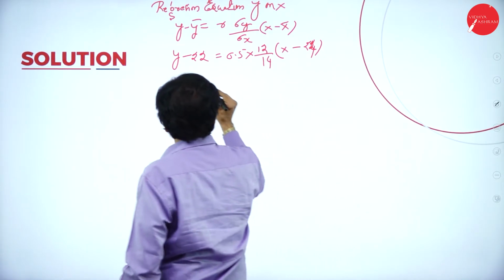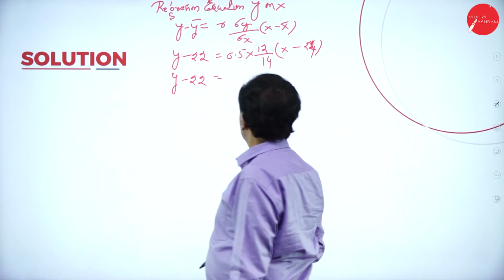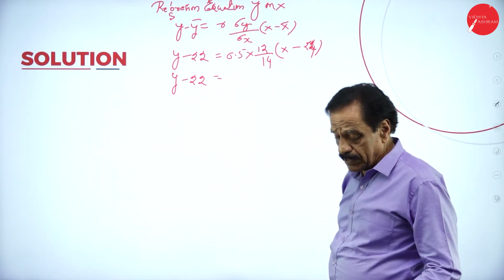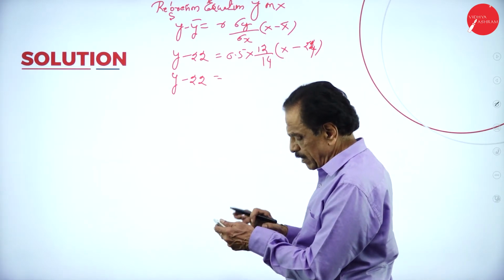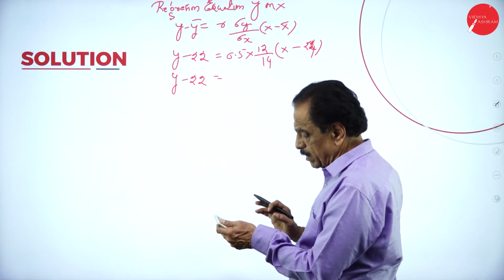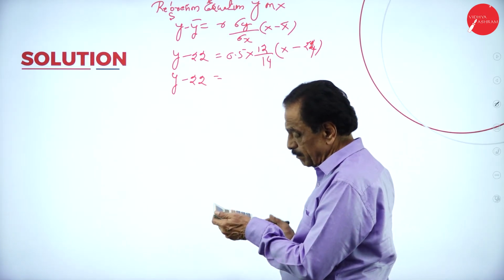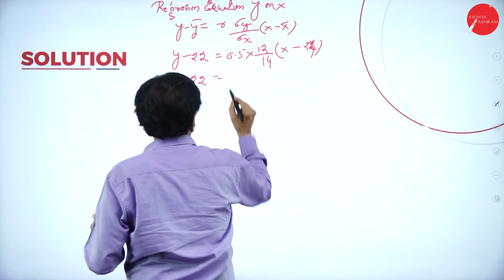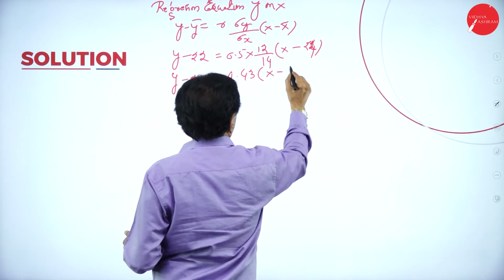Simplify. Y minus 22, 0.5 into 12 is 6 divided by 14, that is 0.428, we can take 0.43, into x minus 24.